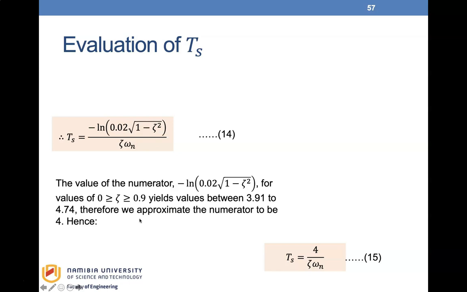You can verify these by substituting the values of zeta in this range into this equation, and you'll get that for each of these you will get a value between 3.91 and 4.74. Therefore, we approximate the numerator to be 4. Hence, we can write our settling time t subscript s to be equal to 4 over zeta omega subscript n.